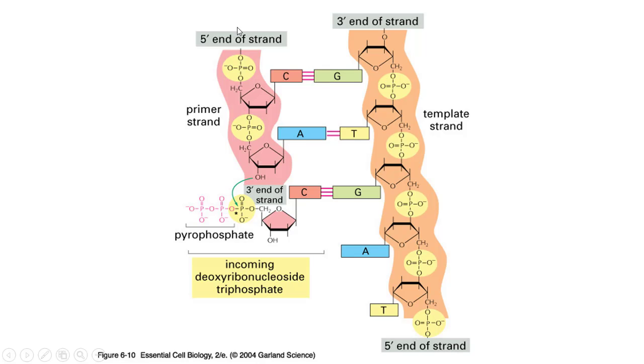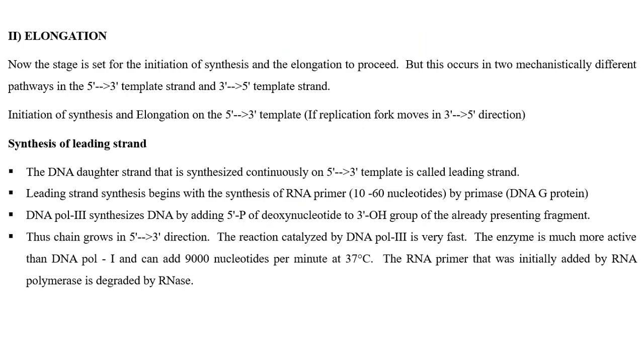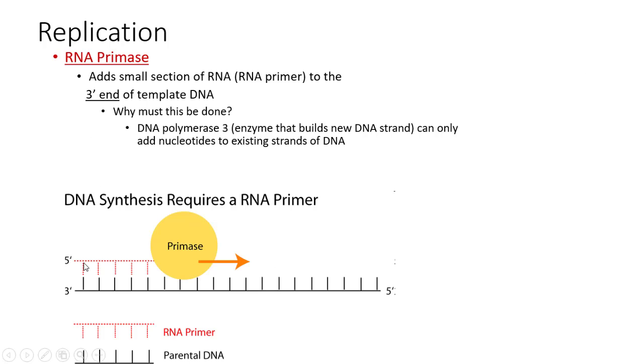the replication by adding directly to the parental strand. It needs the 3'-hydroxyl group of a pre-existing nucleotide. That can be given by the RNA primer or primase. So it adds a few nucleotides in the base pair. The synthesized strand is always in the 5' to 3' direction.